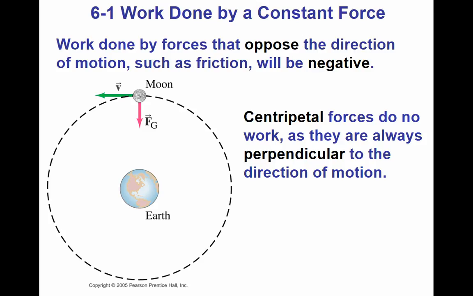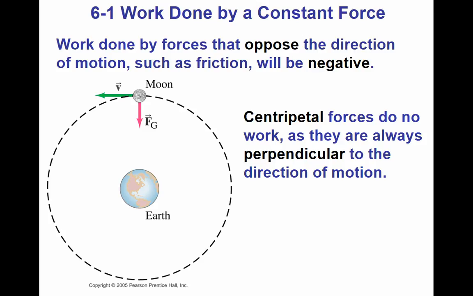The only force acting on something that is in orbit, like the moon, is going to be a force acting directly towards the center of the circle. They are perpendicular to each other, which means no work is being done on the moon.